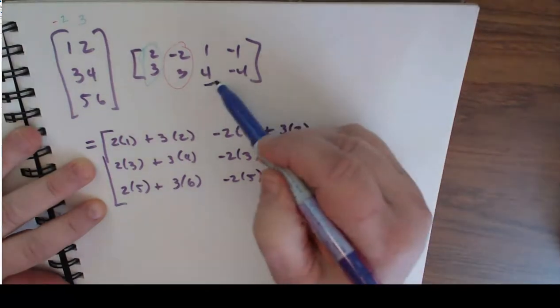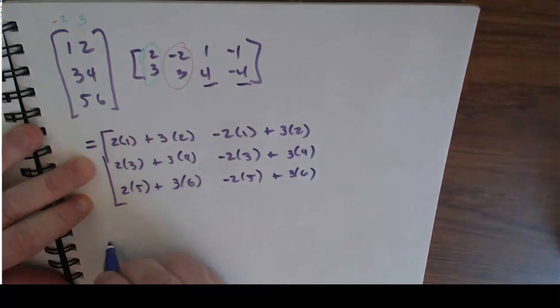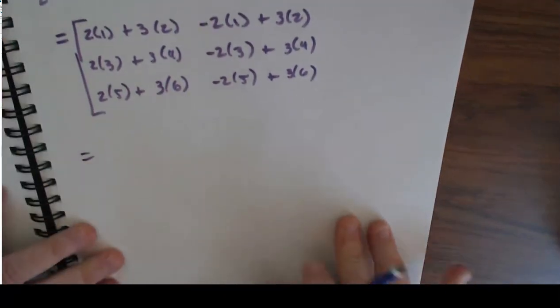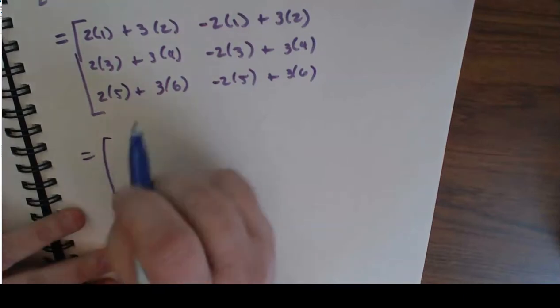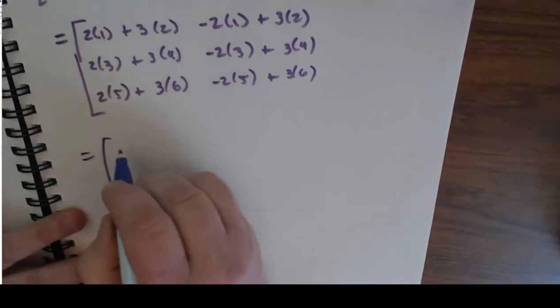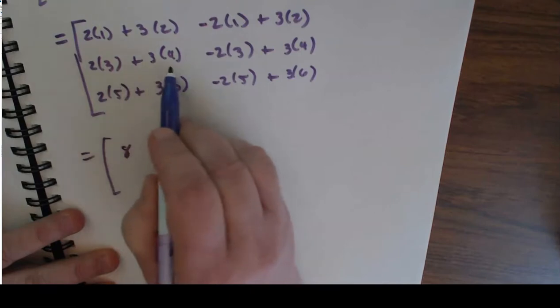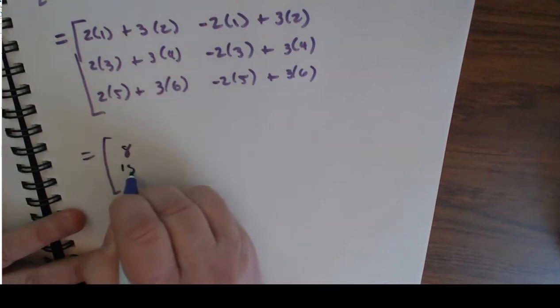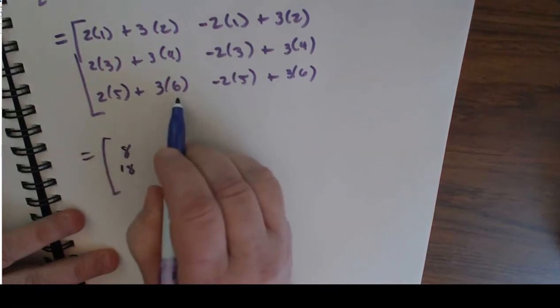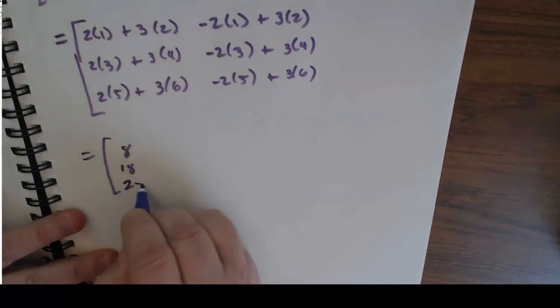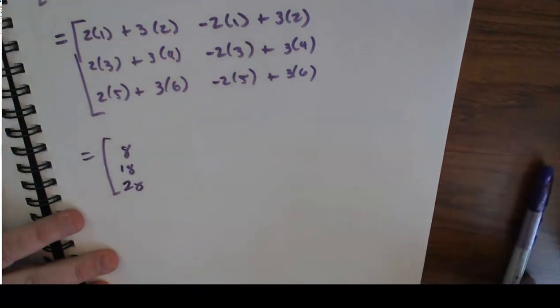And then I'm going to keep doing that with the rest, and I'll have to add these together. I'm running out of space here. So 2 plus 6 is 8. 6 plus 12 is 18. 10 plus 18 is 28. And we finish that out.